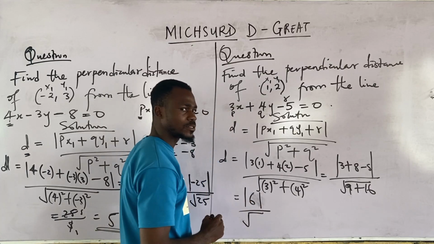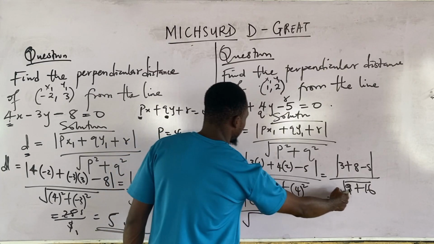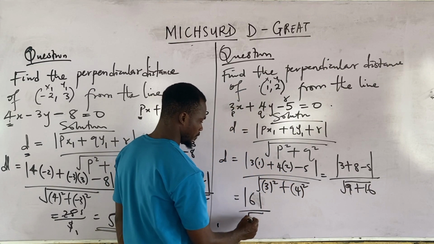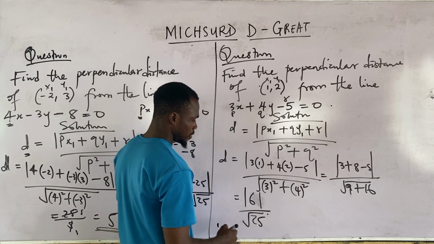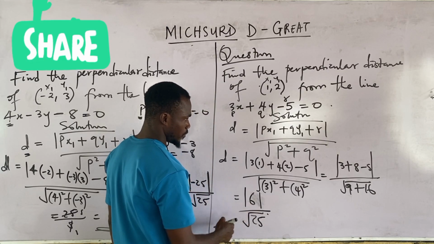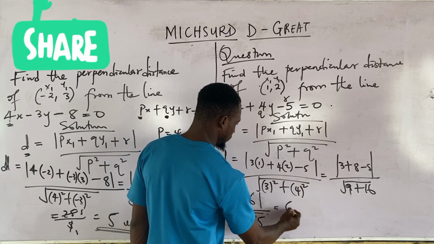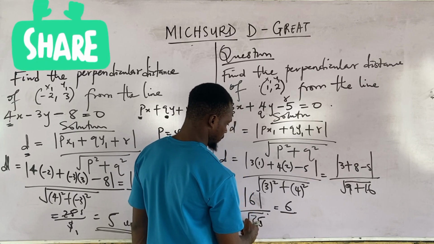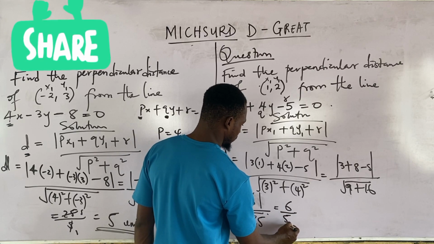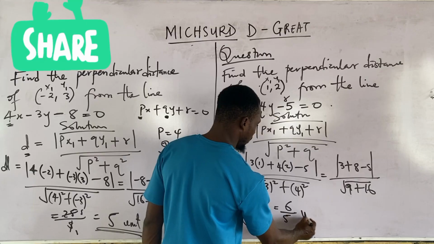So we have 6. Now 9 plus 16 will give us 25. So what we'll have is 6 all over the square root of 25, which is 5. So we have 6 over 5 units.